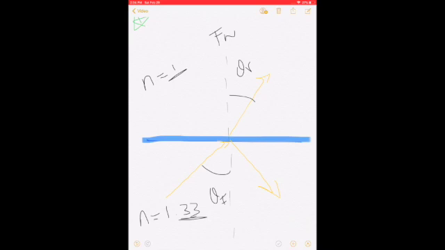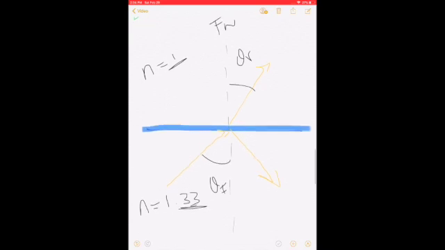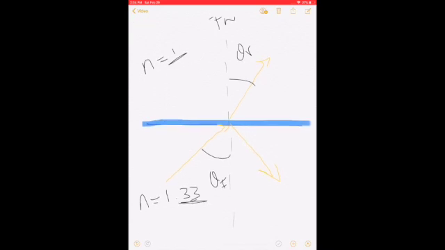So what we're going to do now is look at what happens when your angle of incidence becomes exactly 90 degrees. Because eventually, if you keep increasing this angle of incidence, your angle of refraction is also going to increase.